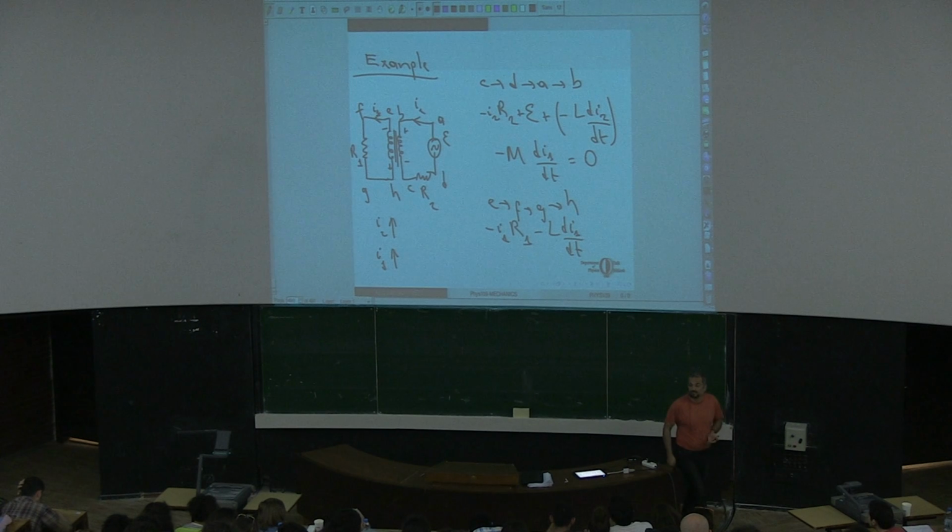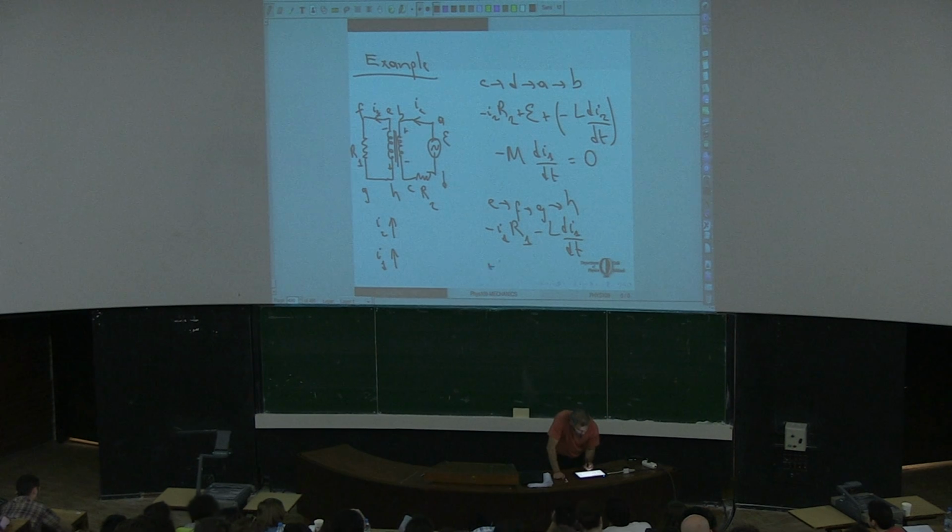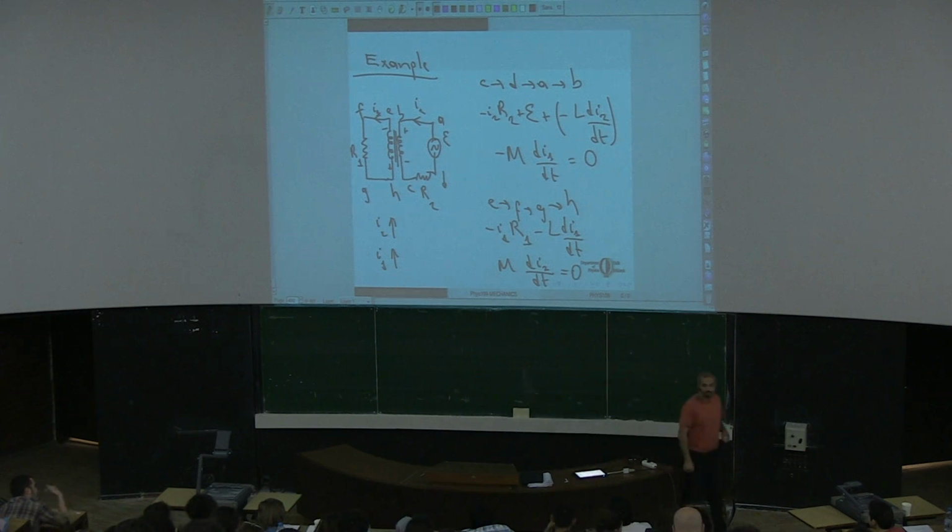This is due to the self-inductance of the circuit element over here. Now we come to the mutual inductance. There will also be plus M di2 by dt equals 0. Now, will it be plus or minus?